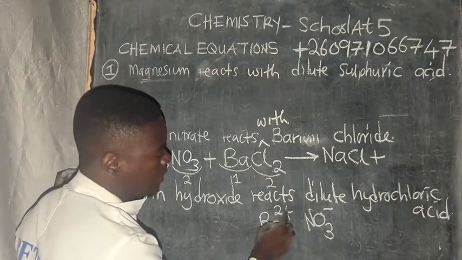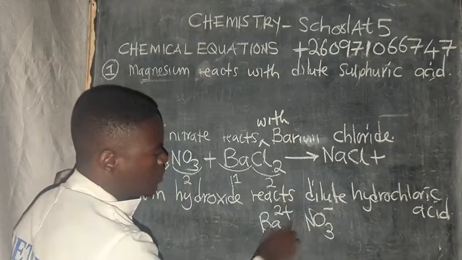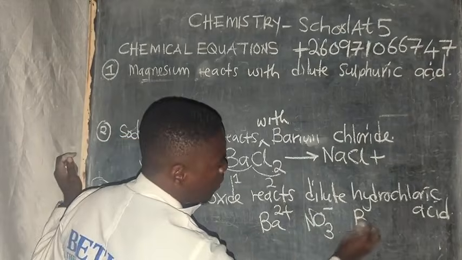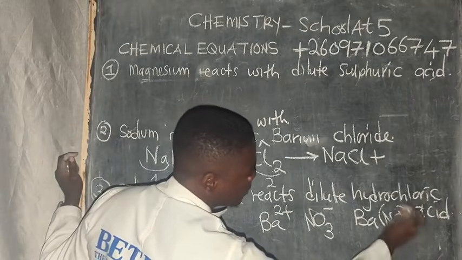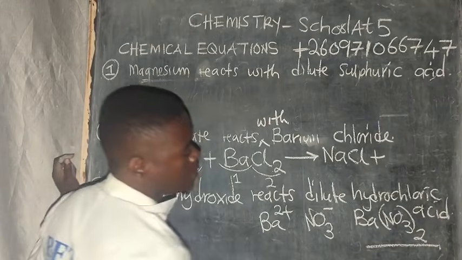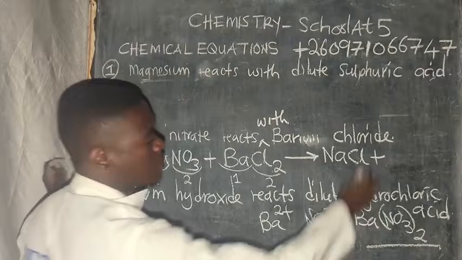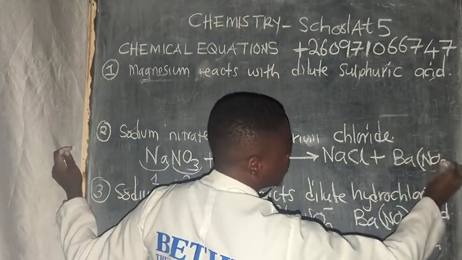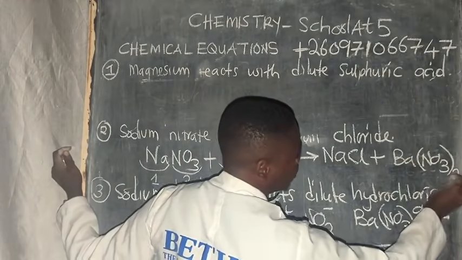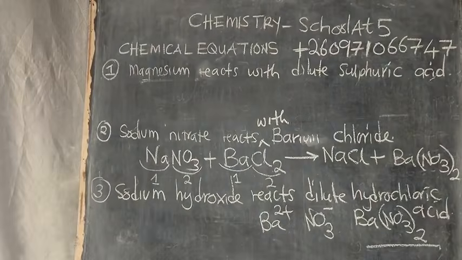So this 2 goes there, this 1 comes there. So you have barium, then nitrate in brackets, then a 2. This is barium nitrate. So plus barium nitrate with a 2 there. That is the products. So that is what you are supposed to do.